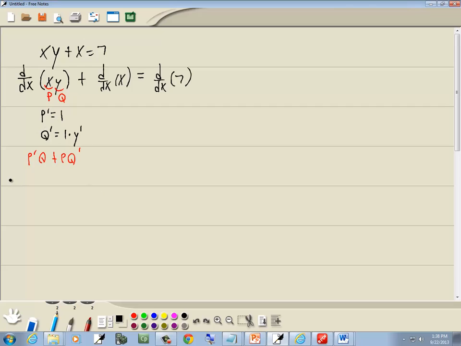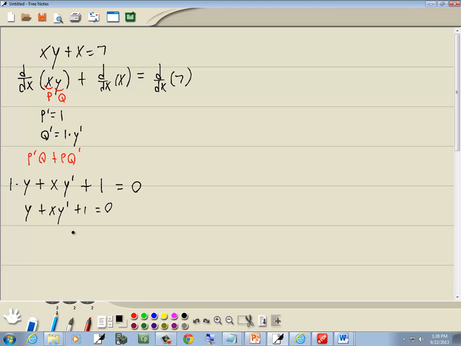P prime we said was 1, so plug that in, times q, which was y, plus p, which is x, times q prime, which is y prime, plus the derivative of x is 1, and the derivative of 7 is 0. So we got y plus x y prime plus 1 is equal to 0.